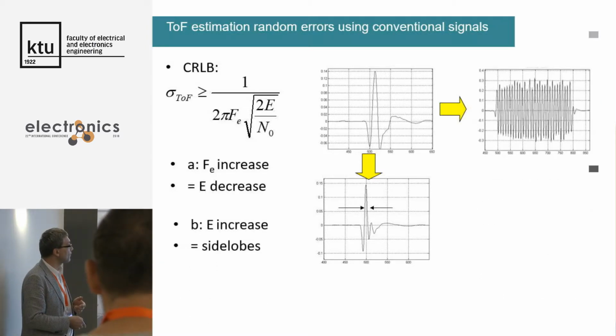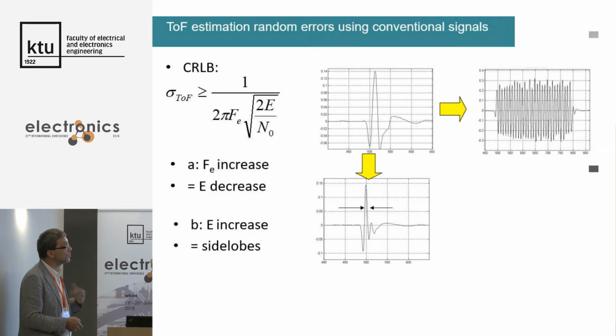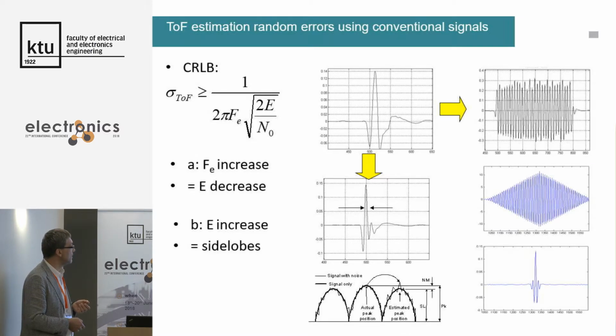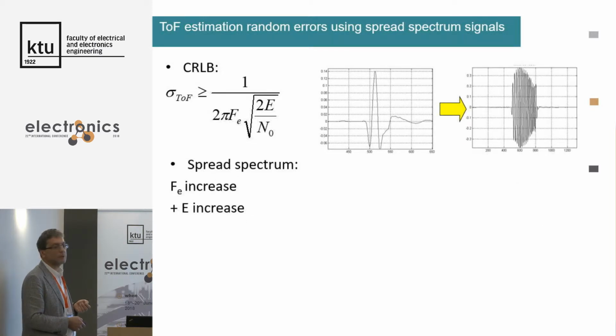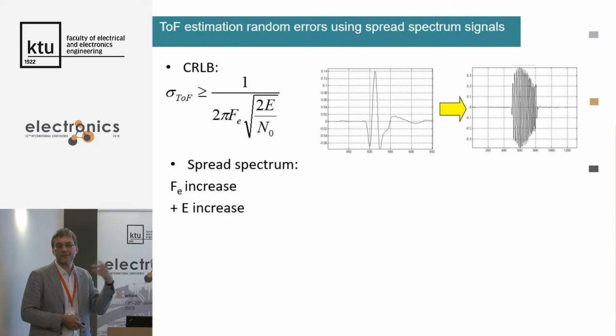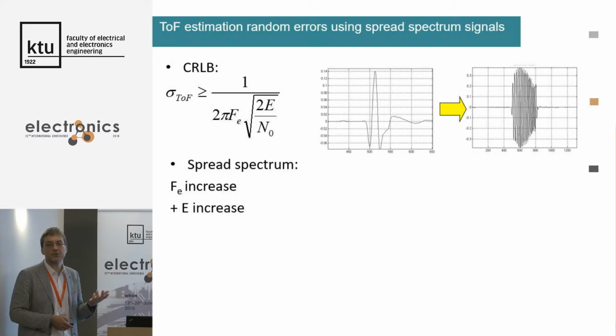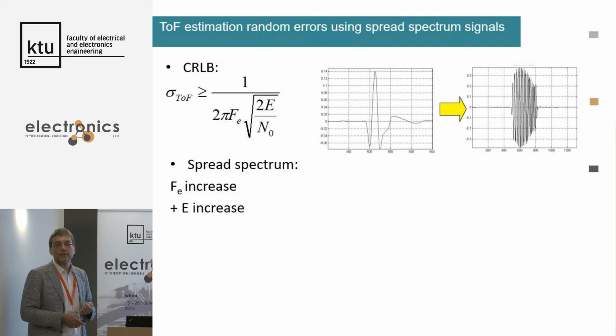That's why there was a need to search for other types of signals, and the new type of signal that was proposed is the spread spectrum signal. I cannot tell who proposed it first, because radars have been using this for a long time, and in ultrasound, spread spectrum signals in industry were implemented just recently, like coded excitation in medicine, in non-destructive testing, in industrial tests.